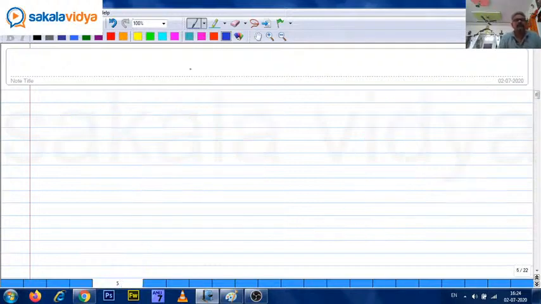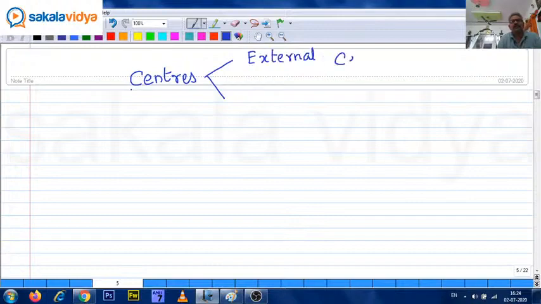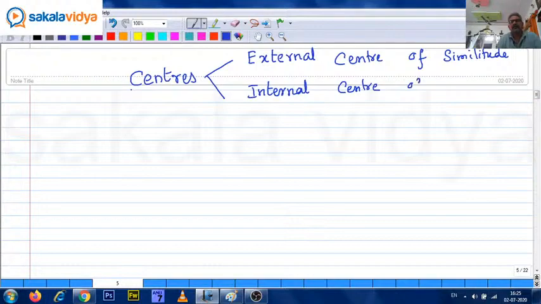Next, we need to discuss centers. Centers are of two types: external center of similitude and internal center of similitude.